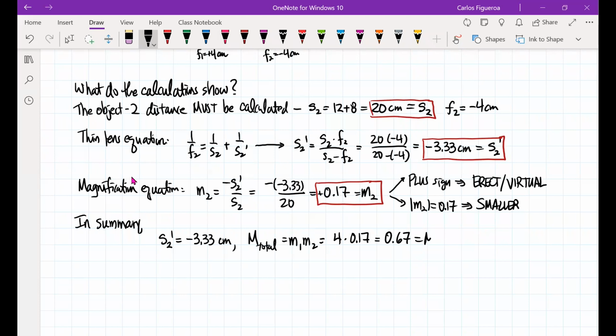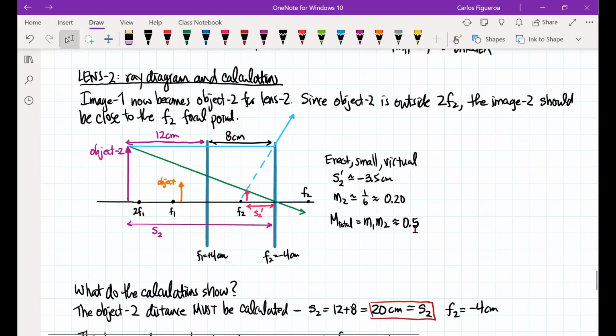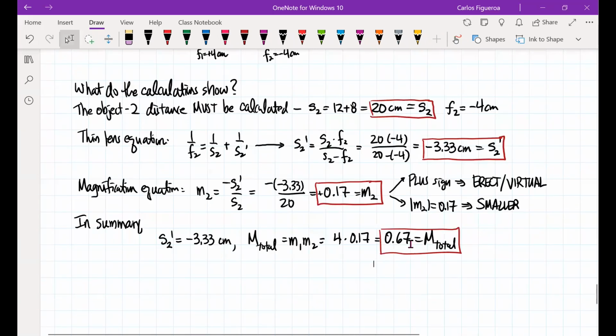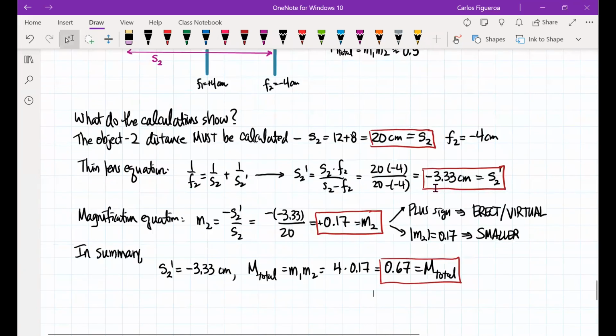So this is the total magnification. If I compare that to my ray diagram, we were guessing that it was going to be about a half, and this is 0.67. So I'm saying this is pretty close, without it being super scaled.